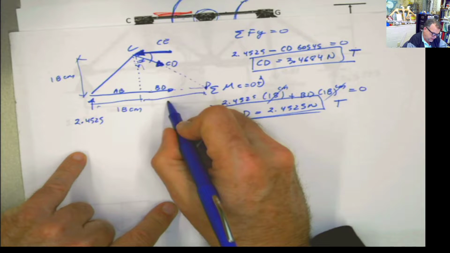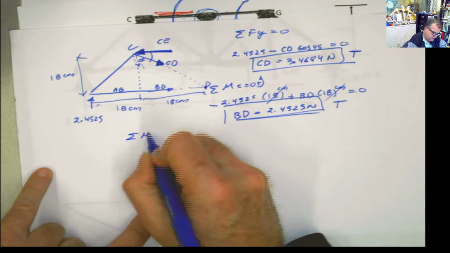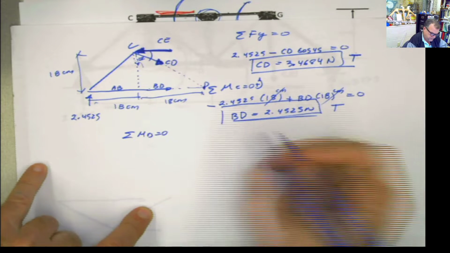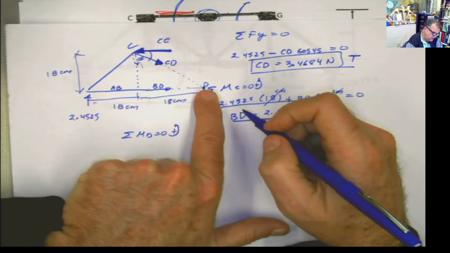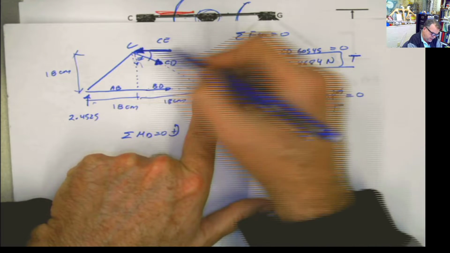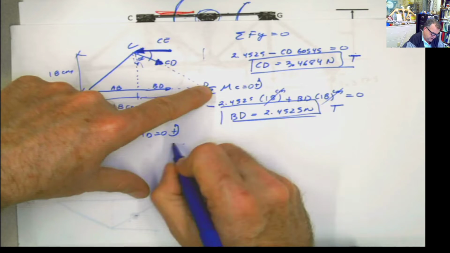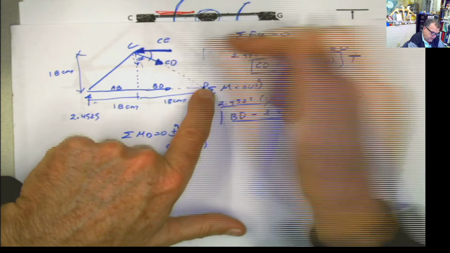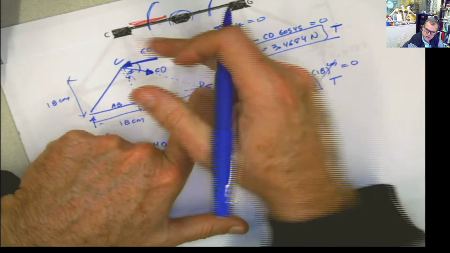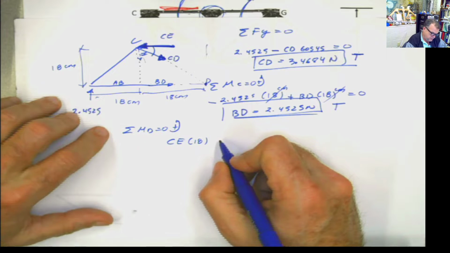This is also 18 centimeters, and I do summation of moments at D equals 0. Then you have CE multiplied by 18 centimeters, and if I apply the force in this direction, it's going to rotate like that when I put my pin there, and that is positive.